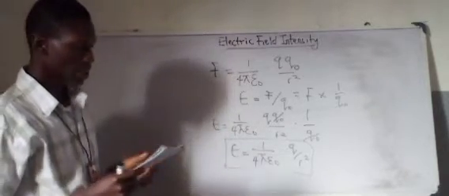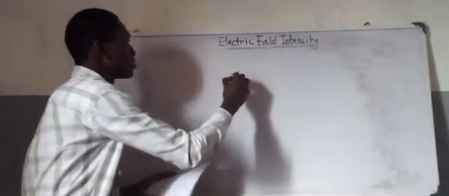Now, let's look at the lines of force. Let's look at electric lines of force. Normally, when we talk about field intensity or the electric field, let's assume we have a positive charge.